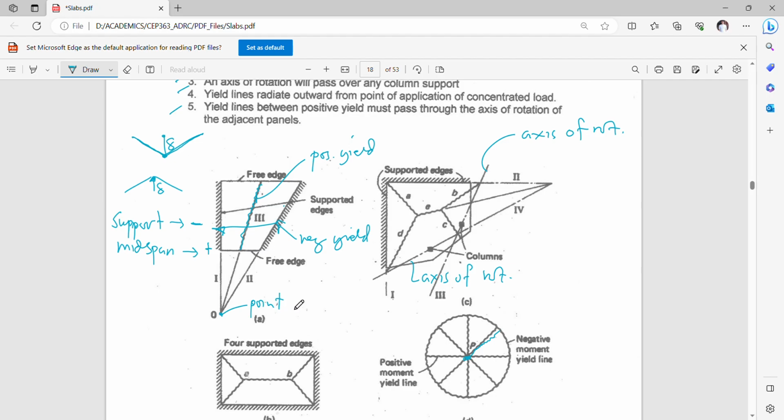It's true with these two segments here, 1 and 2. This positive yield line will pass through this negative yield line. So this is negative, this is negative, and this is positive. Okay.